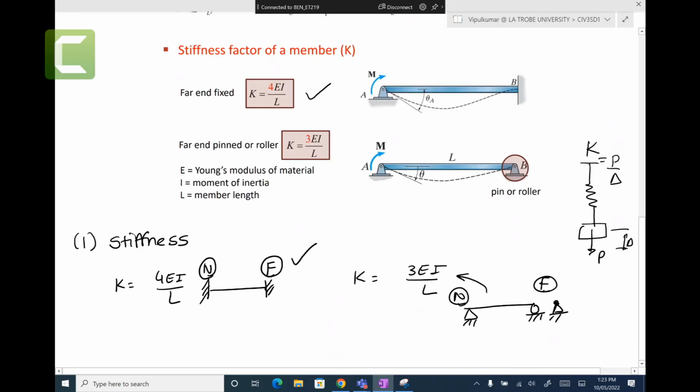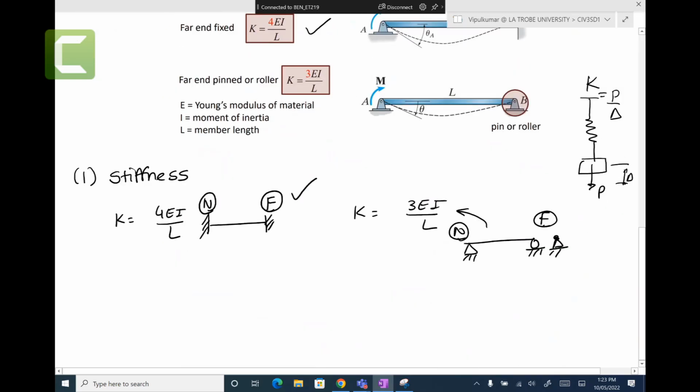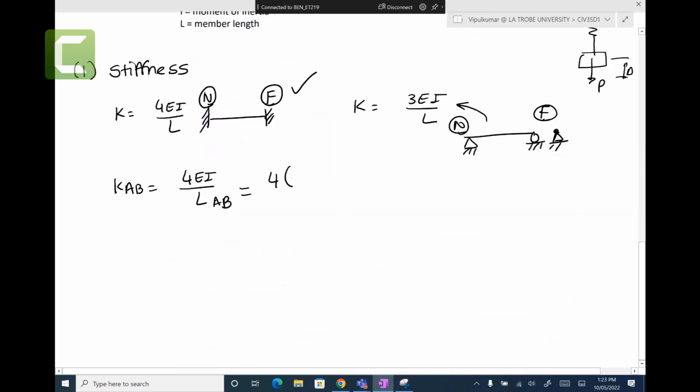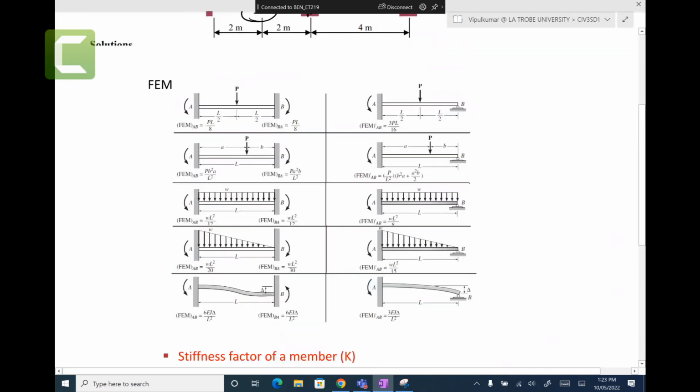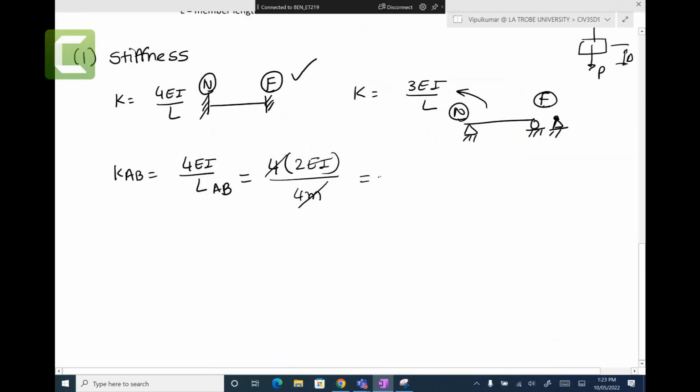All right, so now in our example, for AB, where B is fixed because it's an internal support, I can use the first one: KAB is equal to 4EI on LAB. The 4EI value is how much? 2EI. So let's plug it in: 2EI, length of AB is 4 meters. So this cancels, and we have 2EI as the stiffness of KAB.